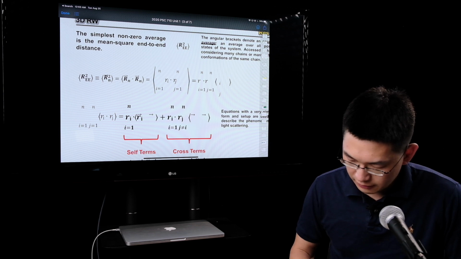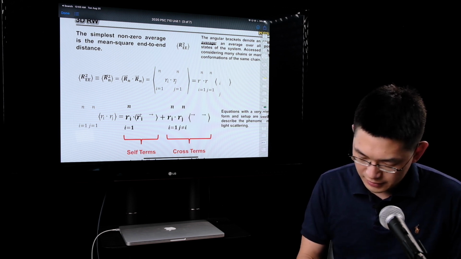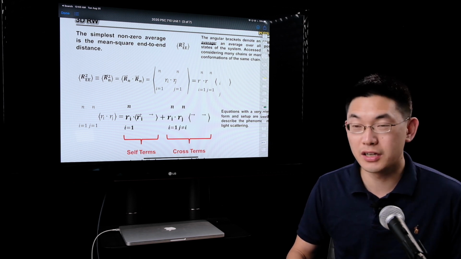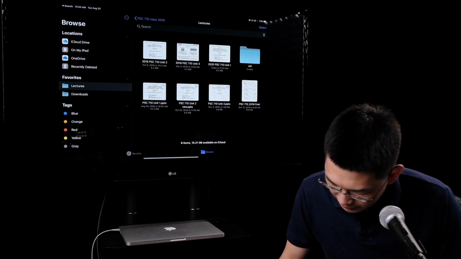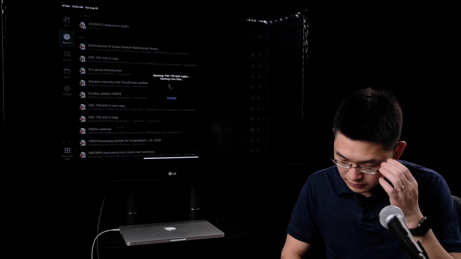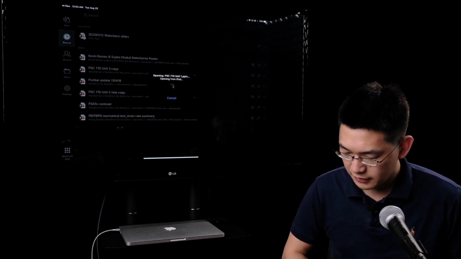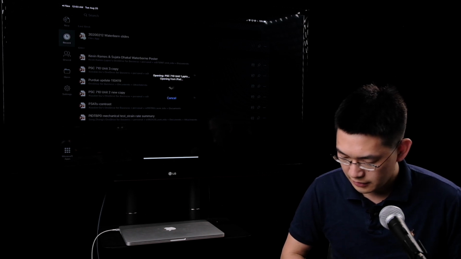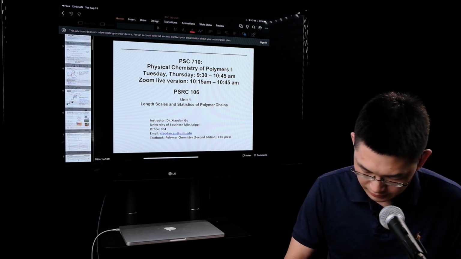Looks like when I convert this from Word document to PowerPoint to PDF, somehow the equation is messed up. Let me make sure I have the right formatting. Let's see if the PowerPoint might work. Okay, it looks like it's loading up. Hopefully this is working so we can view all the equations in the right format.